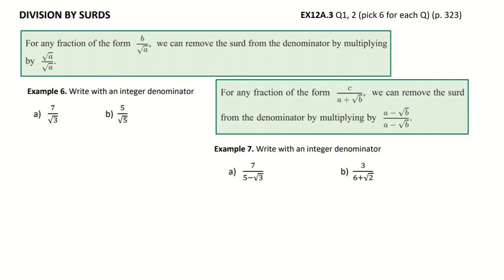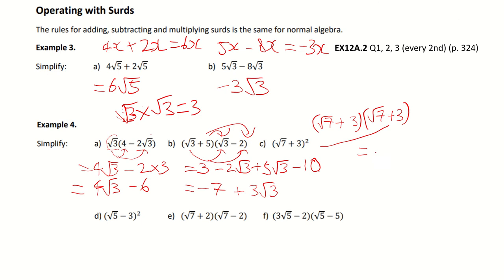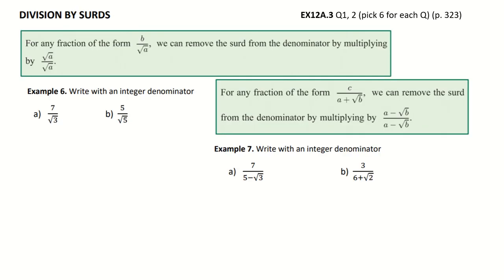So it's going to be square root 7 squared, plus, and then the second row of Pascal's triangle is 1, 2, 1, so it's going to be 2 lots of square root 7 times by 3, plus 3 squared.